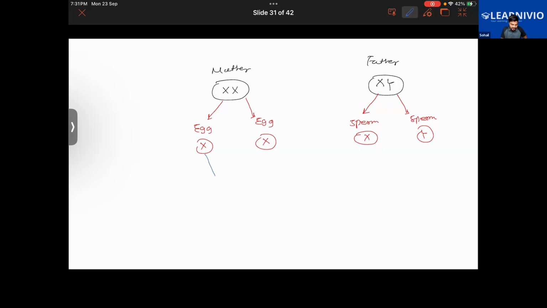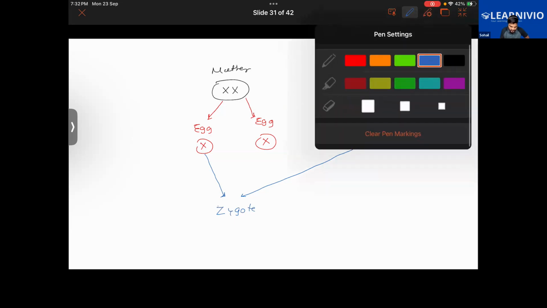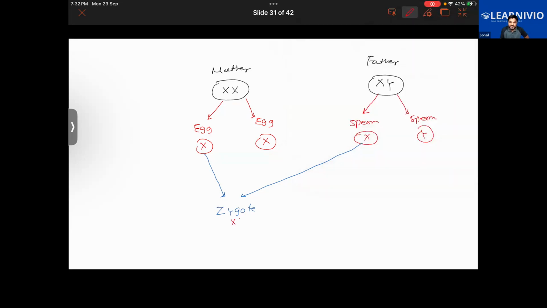If the egg coming from the ovary has an X chromosome, and the sperm coming from the male parent has an X chromosome, they are going to fuse together and form a zygote. That is XX basically. We will be having the chromosomes XX in it.